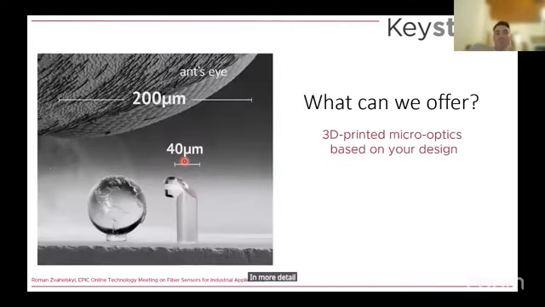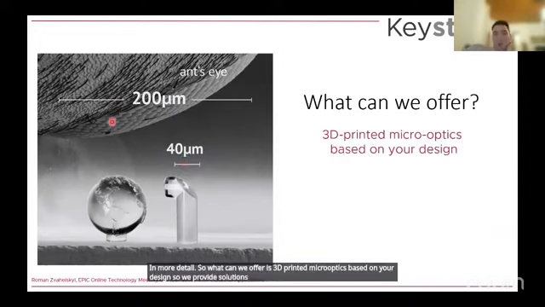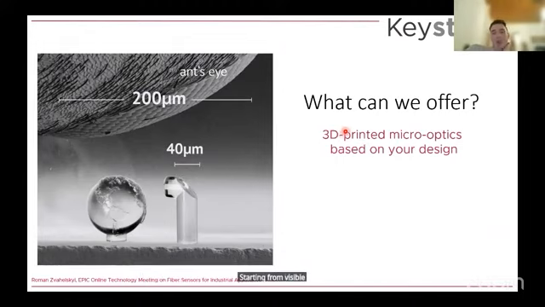So what we can offer is 3D printed micro-optics based on your design. We provide solutions for fiber arrays up to 64 channels. We also work with different wavelengths, starting from visible light up to 2 microns and more.